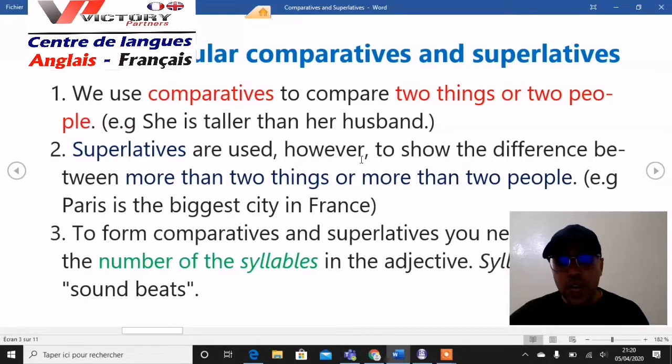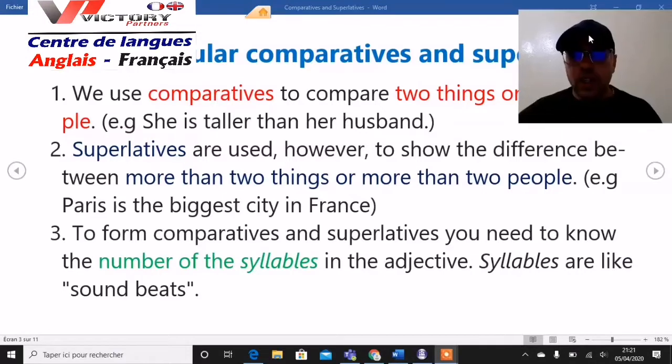Superlatives are used, however, to show the difference between more than two things or more than two people. Here we made a comparison between more than two things or people. The example here: Paris is the biggest city in France. Here we made a comparison between more than two cities in France.